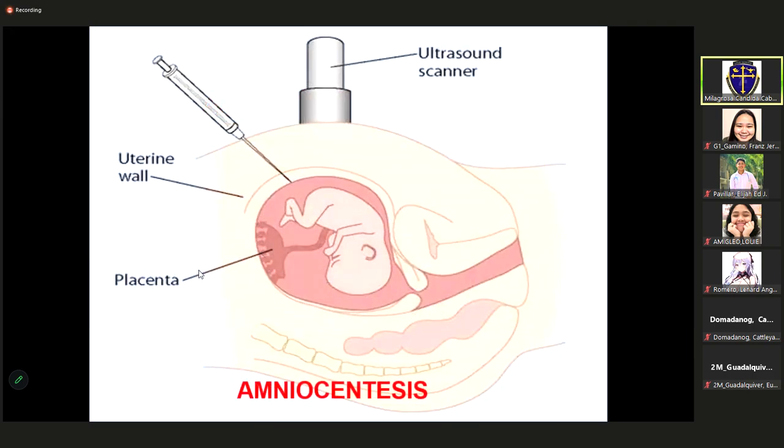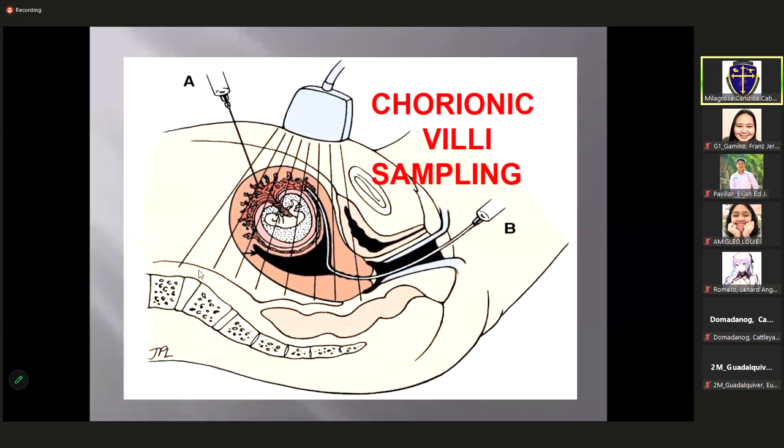No? And then, we go now to the chorionic villi sampling. So, as you can see, it is also ultrasound-guided procedure. No? And of course, a needle is inserted and we draw some blood in the chorionic villi. Okay? Sa kanyang placenta. Alright?